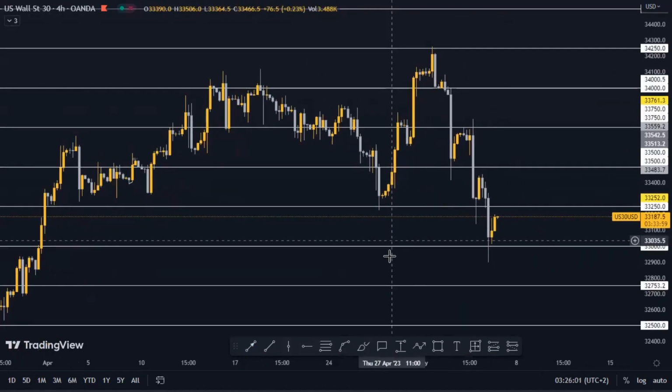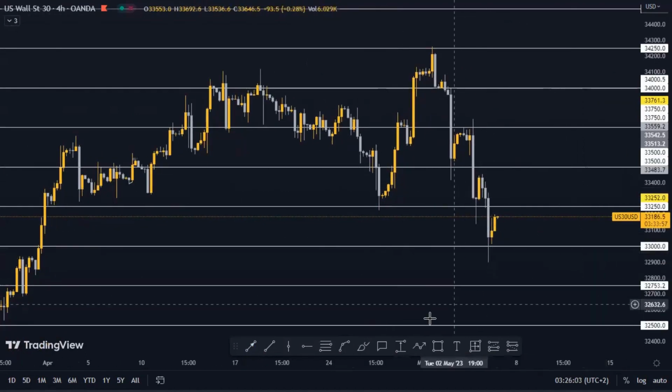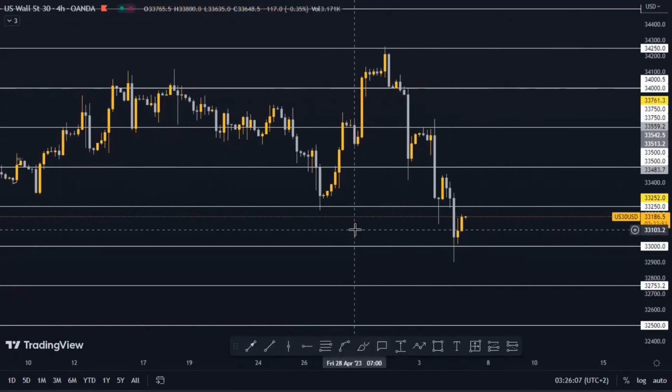So we have 250 levels. As always, when we trade indices, we try to find those 250 levels. It helps us with our targets and to see where the market will potentially make turns. So the simple thing that I do personally using this strategy, I know a lot of people use it differently, but what I do with it is I try to find an area of supply or demand above or below these 250 levels.